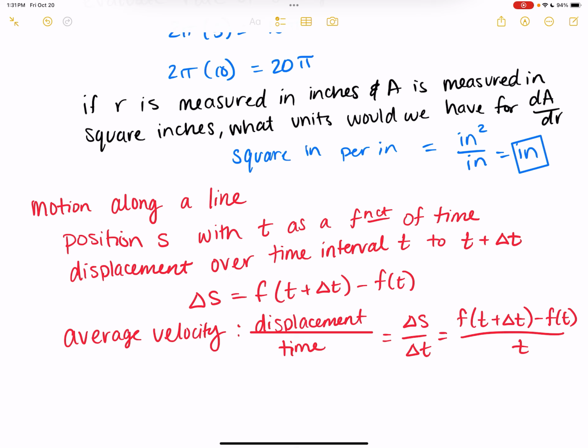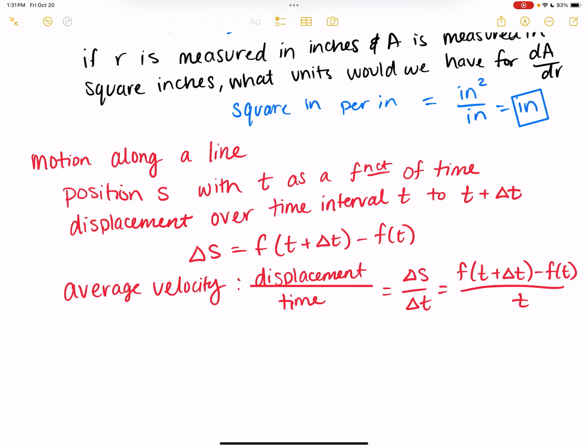You may not like the calculus version as much as the regular one. Because this formula isn't hard, is it? This seems more complicated. So that's average velocity.